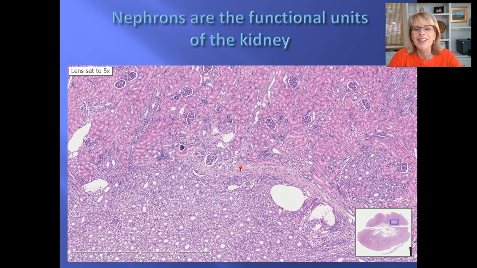I don't know which is which. This is the boundary between the cortex and the medulla. This is medulla. This is part of the renal pyramid. So these are nephron loops and collecting ducts down here, right? And if it looks like someone took a bowl of spaghetti and just cut across it and put it on a microscope slide, you're not far off.